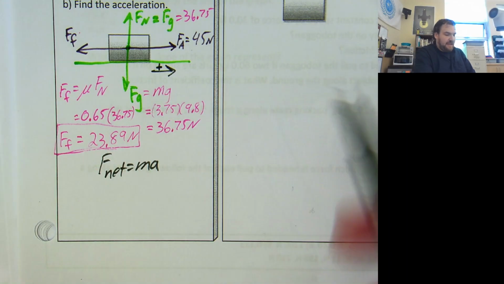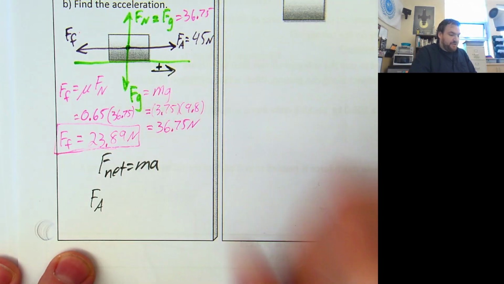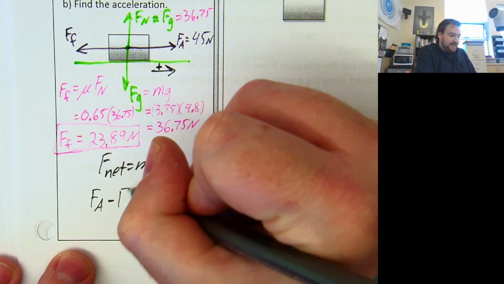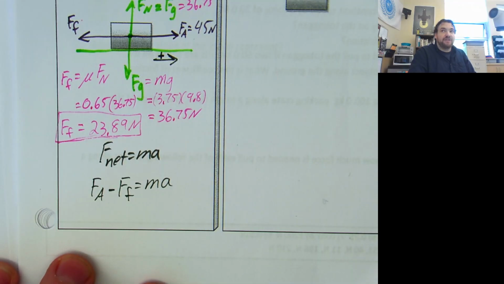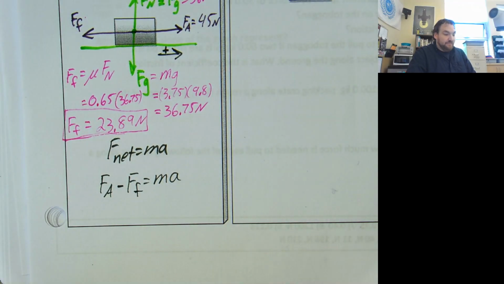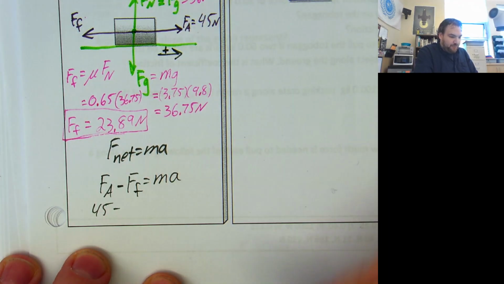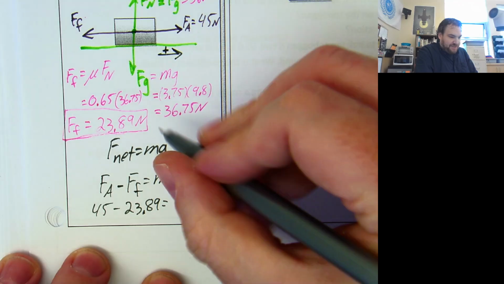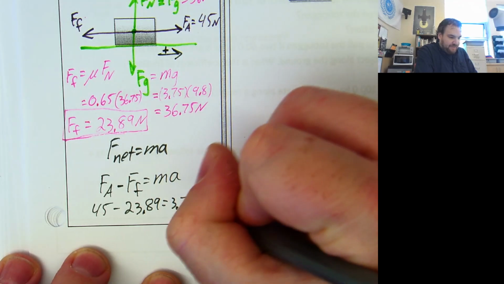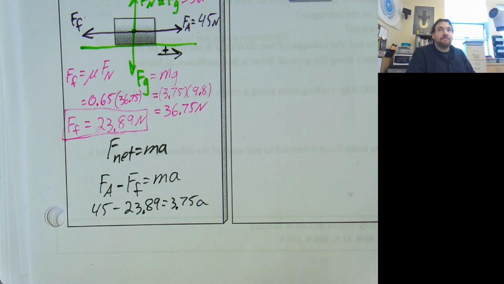FA and FF. FA is going to be positive, so it's going to be the applied force minus the force of friction is going to equal the mass of the object times the acceleration of the object. The applied force is 45. The force of friction we found already to be 23.89. The mass of the object accelerating is 3.75, and we're looking for A.